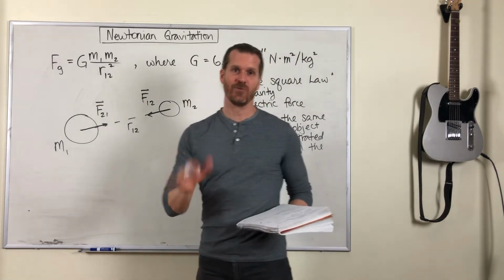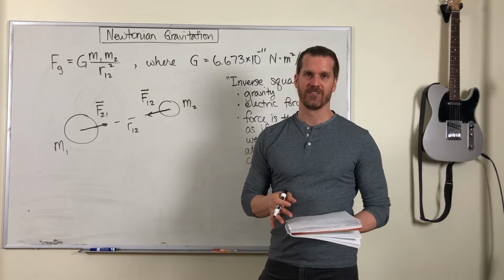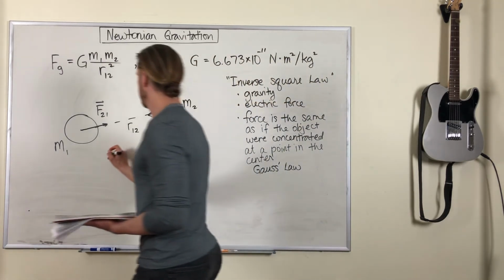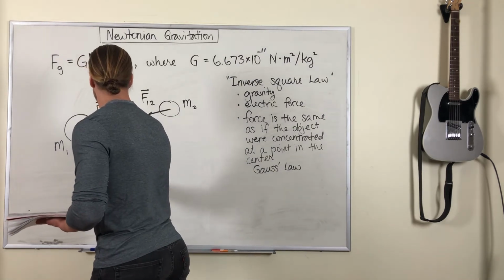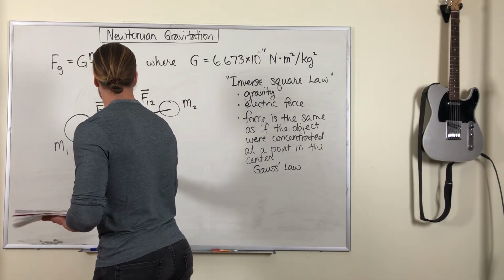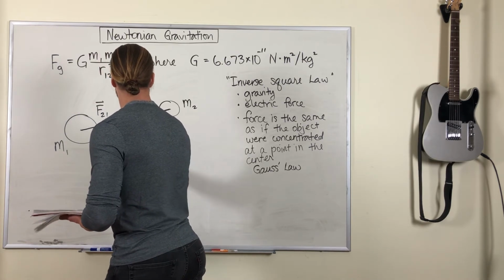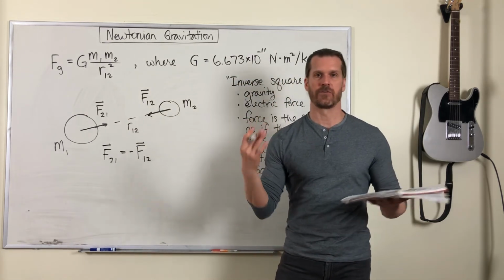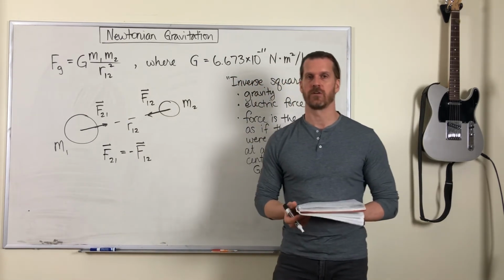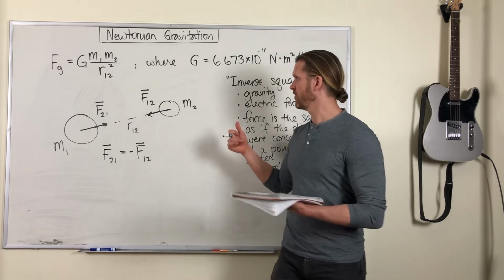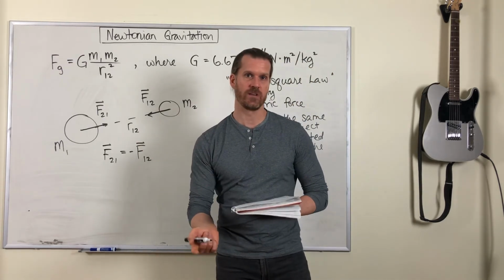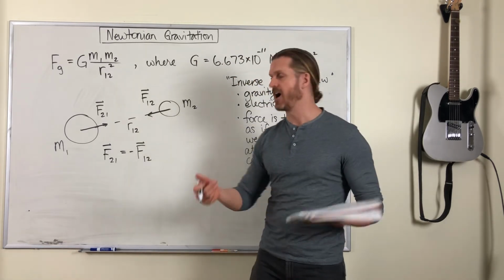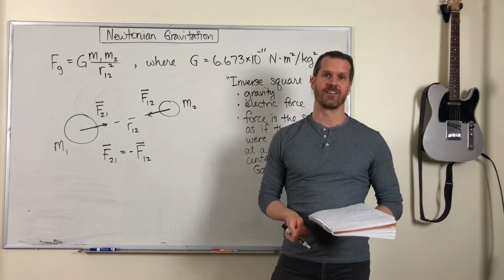And Newton's third law still applies. Newton's third law is always true no matter what, even for field forces. So by Newton's third law, F21 equals minus F12. These two objects are exerting a gravitational force on one another. The magnitude of the force of object 2 on object 1 equals the magnitude of the force of object 1 on object 2, and those forces point in opposite directions, which is what the minus sign indicates.